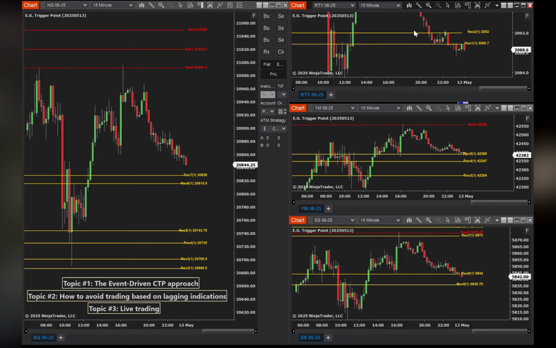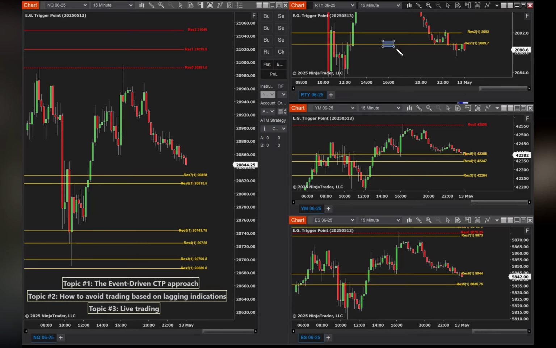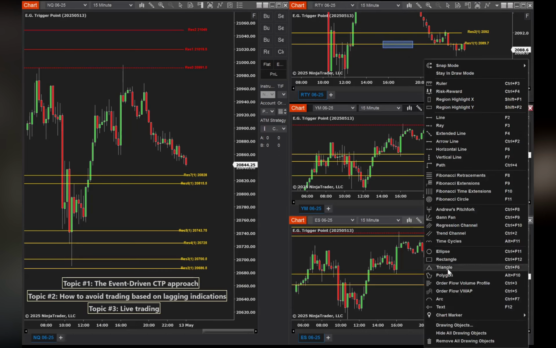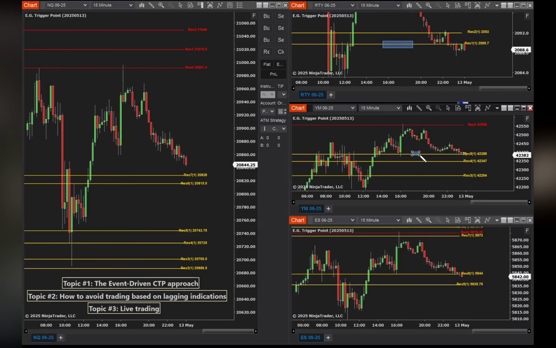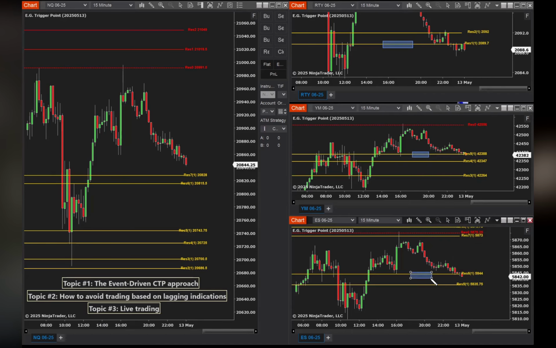Okay, we can see that RTY bounced off support, then it went up, then it got back to the same support, and it broke. Okay, so to me, at this point, this support line turned into resistance, is the equivalent line to this support line of YM and this support line of ES.